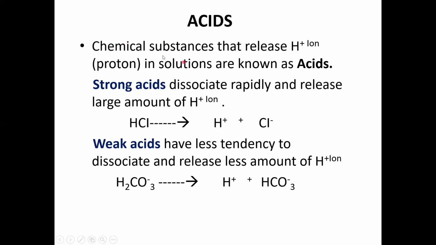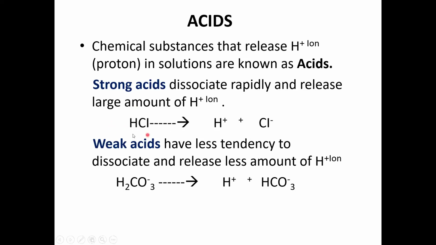So those chemical substances which are capable of releasing more and more hydrogen ions in the solution are said to be strong acids because they dissociate completely and rapidly and release all of the hydrogen ions which are present in their structures.